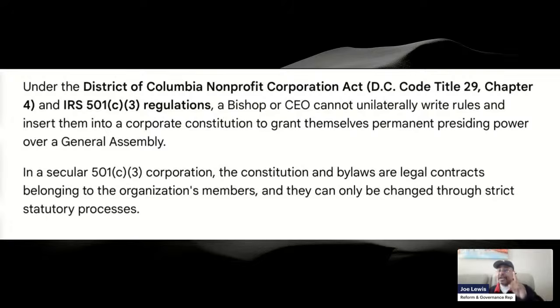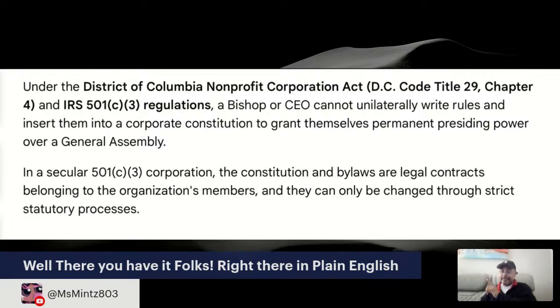In a secular 501c3 corporation, non-religious, the Constitution and bylaws are legal contracts belonging to the organization's members, and they can only be changed through strict statutory processes, which is what we have.